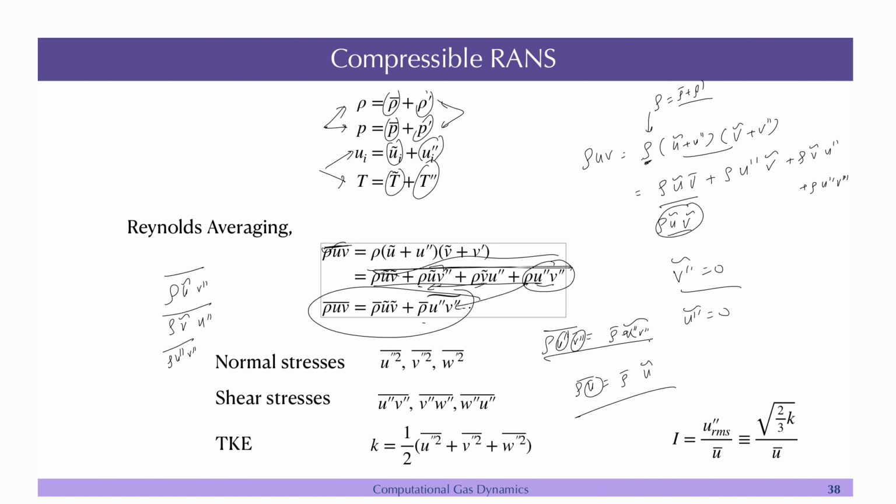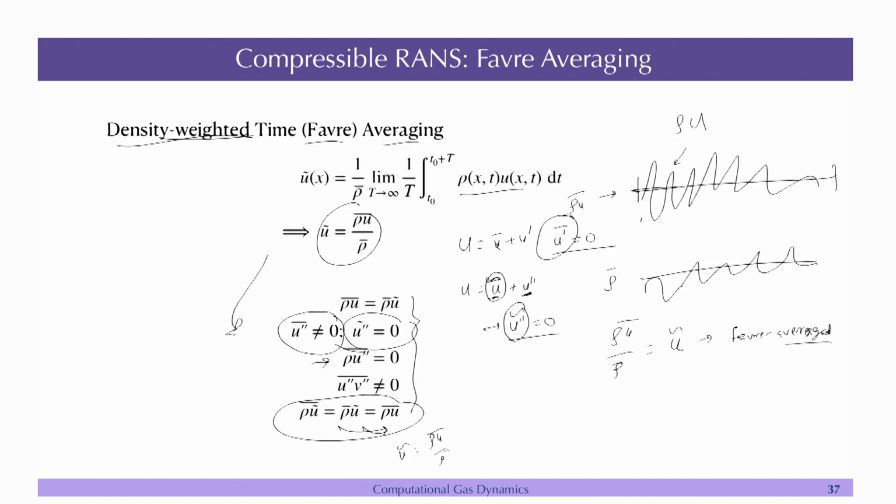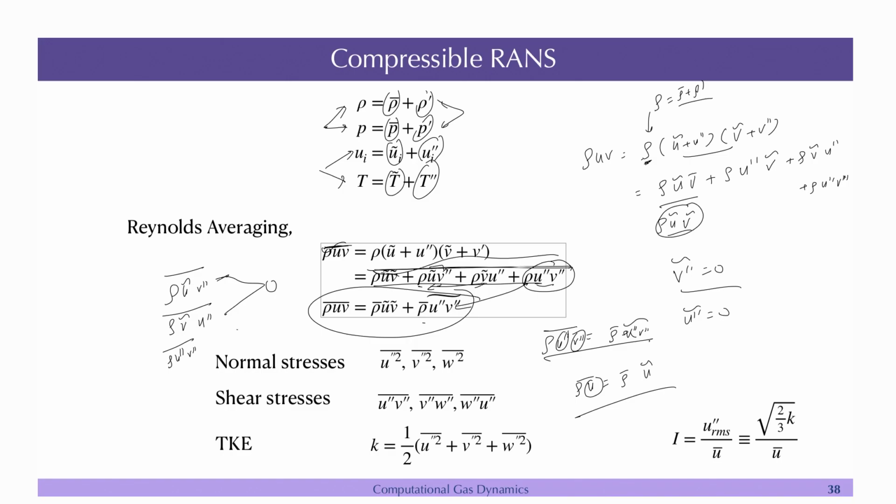So, these two will go to 0, and there are rules on this slide which you can utilize, and please go back and do this, so that you can show that this goes to 0, and finally, you have only these two terms surviving.